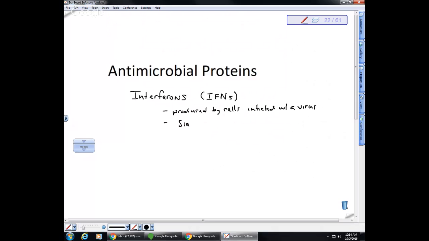It signals other cells to protect themselves by producing antiviral proteins. Interestingly, interferons have been used to treat some illnesses, specifically some cancers, and also hepatitis B and C are sometimes treated with interferons.